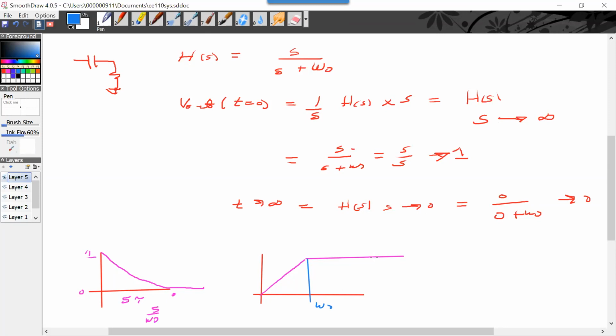And that's omega naught, right? So this portion in time shows up here. This portion in time shows up there.